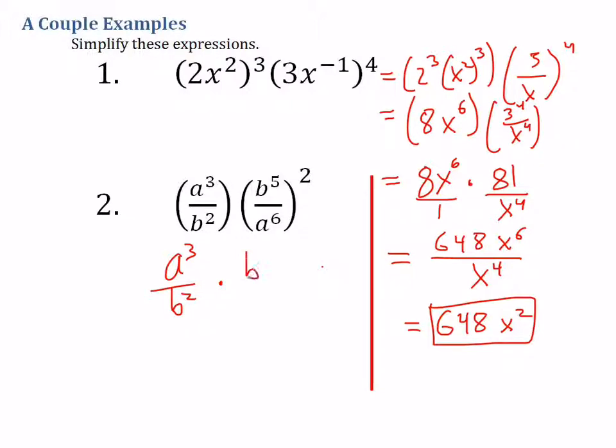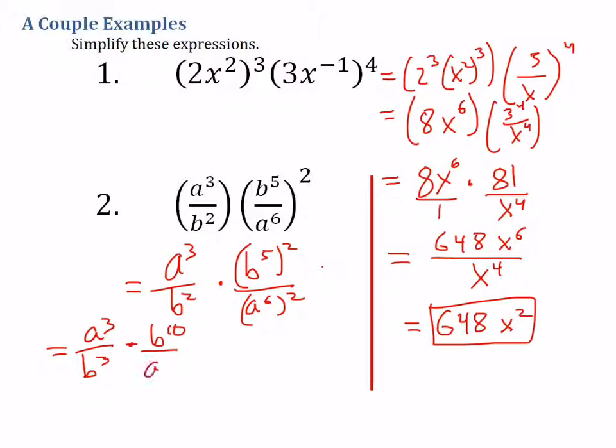And so it's going to be b to the 5th squared over a to the 6th squared. And we do power to power, we multiply. So let me rewrite over here. So that's times b to the 10th over a to the 12th.